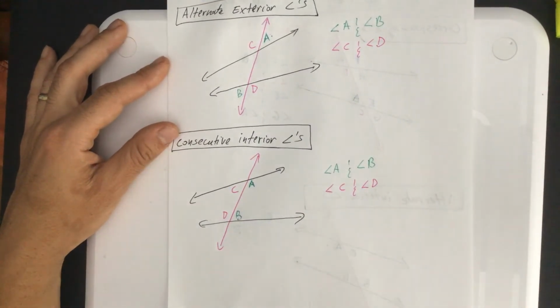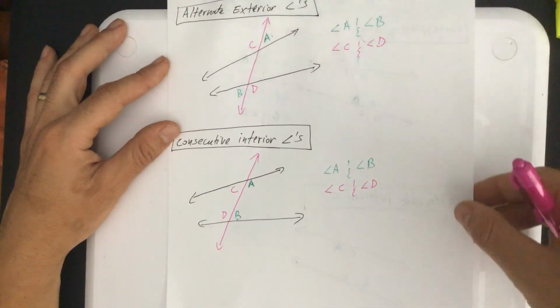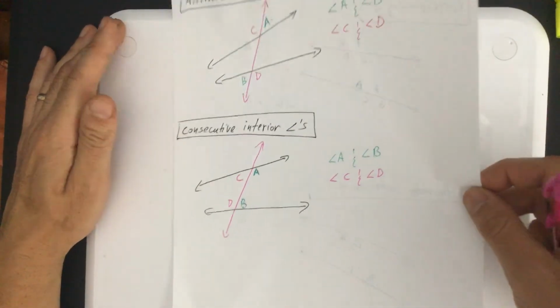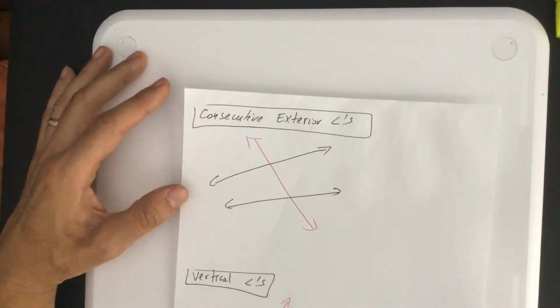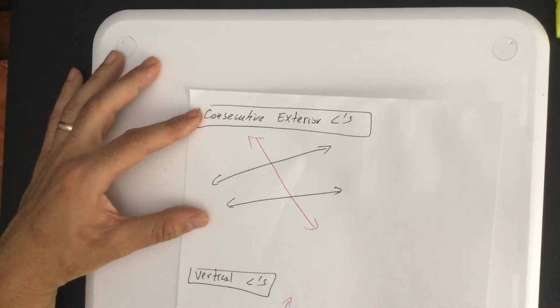Right? Let's go and see more angle relations. Let's take a look at consecutive exterior. Now we're going to talk about the outside angles, the exterior angles, and they're consecutive. They're on the same side of the transversal.